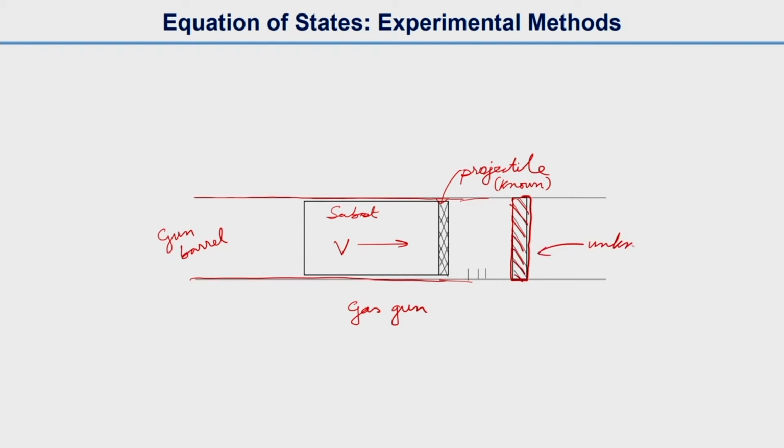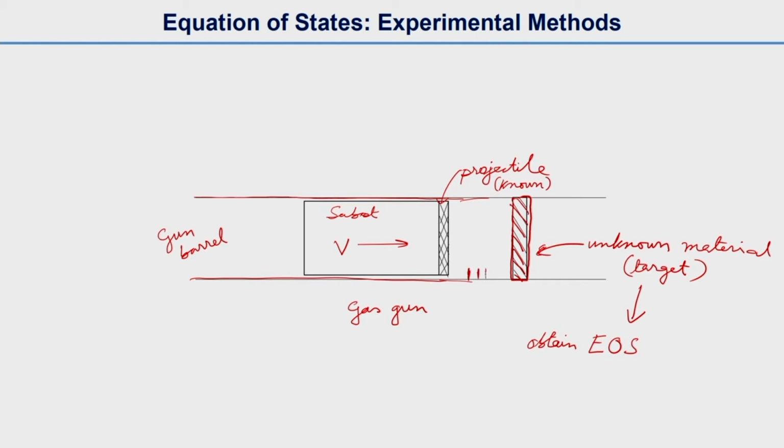What we want to know is the equation of state of this unknown material. So, our goal is to obtain the equation of state of this unknown material, and we will do that with the help of this gas gun system.